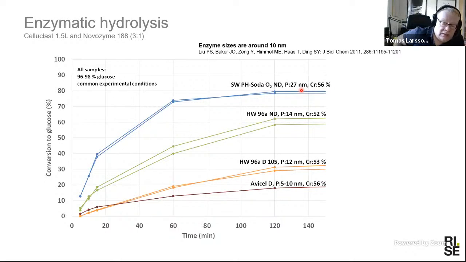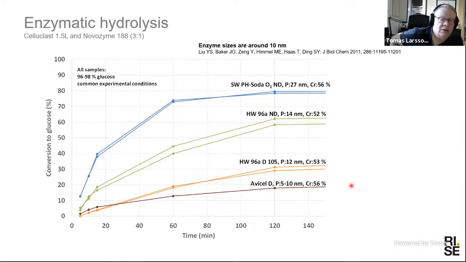And there's another interesting thing here as well. If you look at the numbers to the right here, which are the degree of crystallinity, there isn't any sort of systematic change between the degree of crystallinity and the enzymatic reactivity. Now, I should say that these are materials that have fairly similar fibrous dimensions, so they don't change either, and that's what's reflected in the degree of crystallinity, really.